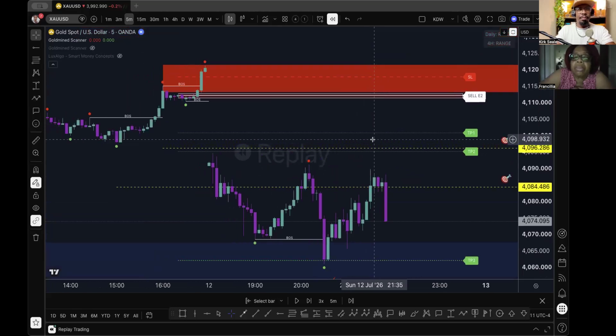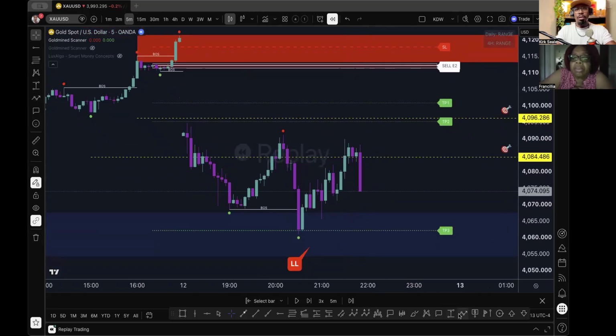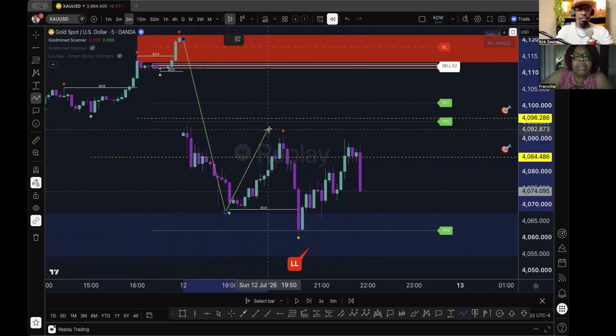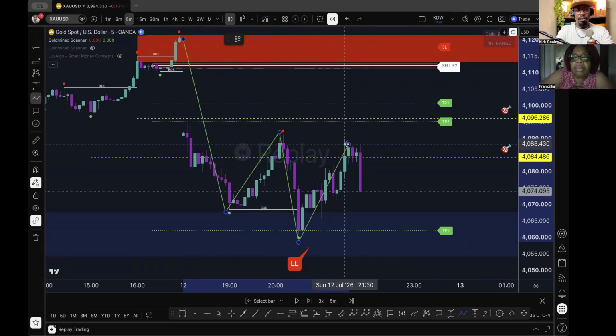Here's why maintaining your bias is going to help you. We know that overall, we had this move down. We had price come up here. This is a lower high. This was the main high, then a lower high, then price came down here and created a lower low. Price came over here.